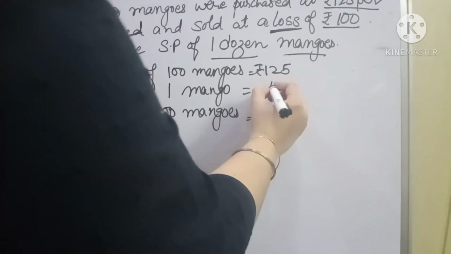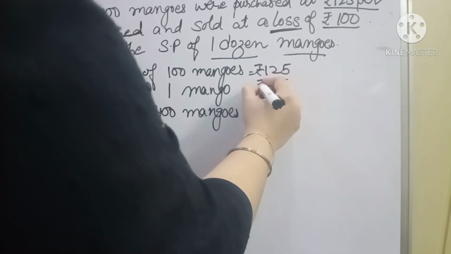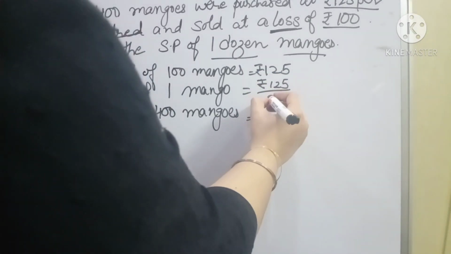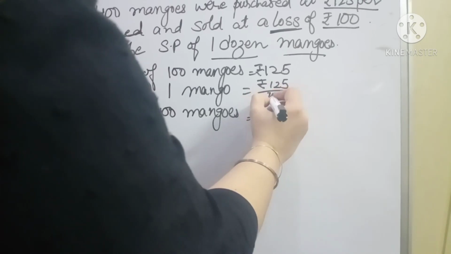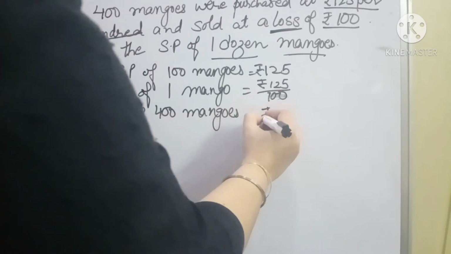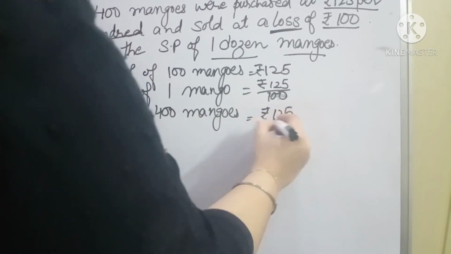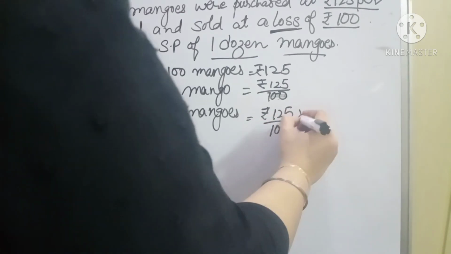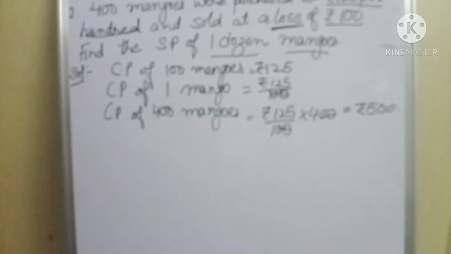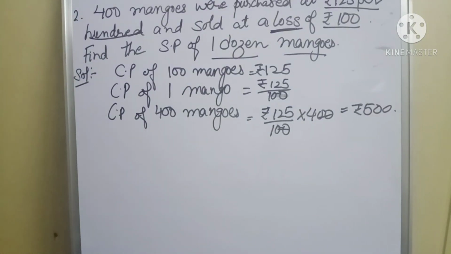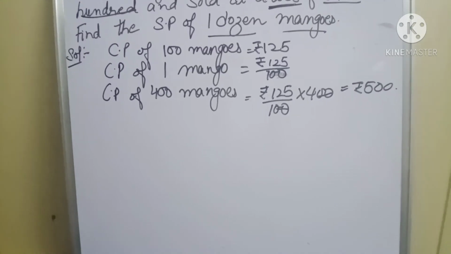Cost price of 400 mangoes is 125 upon 100 into 400. That is equal to rupees 500. So we get a cost price of 500 rupees.